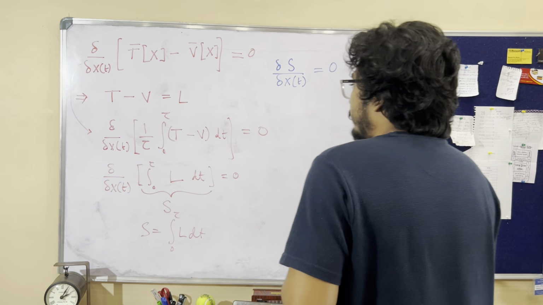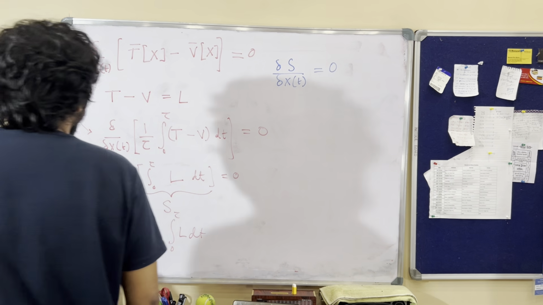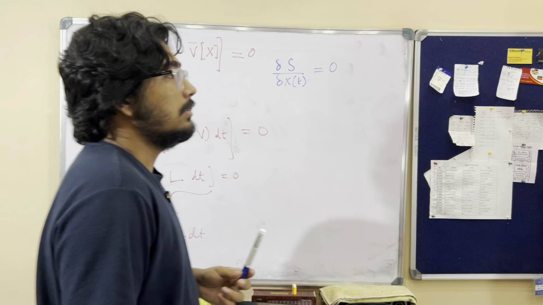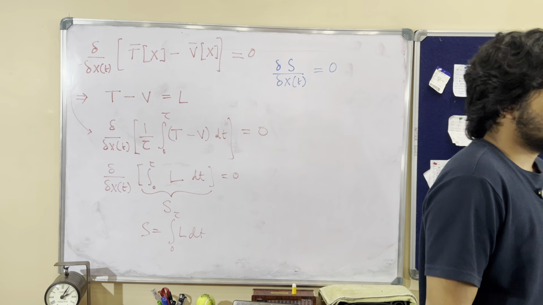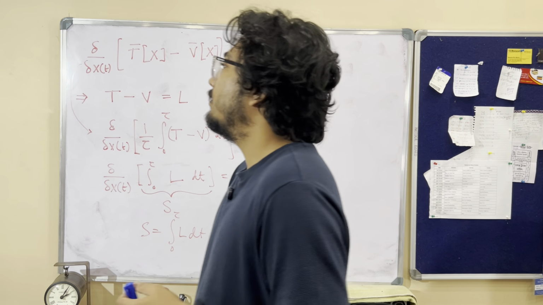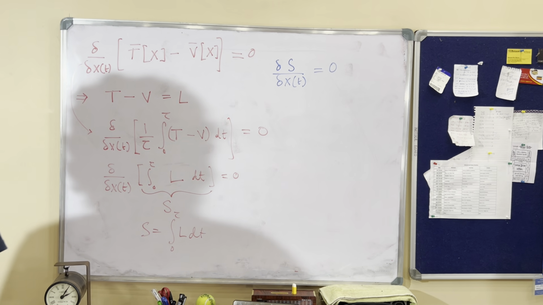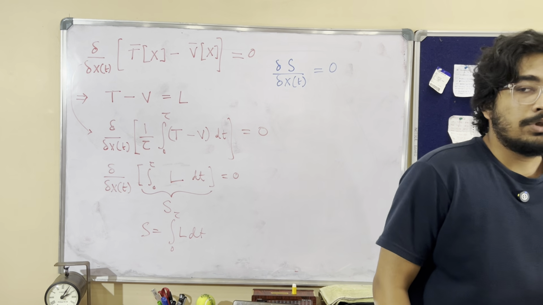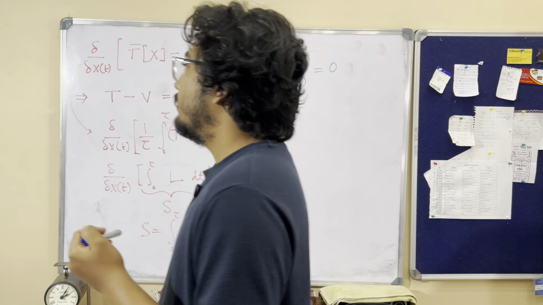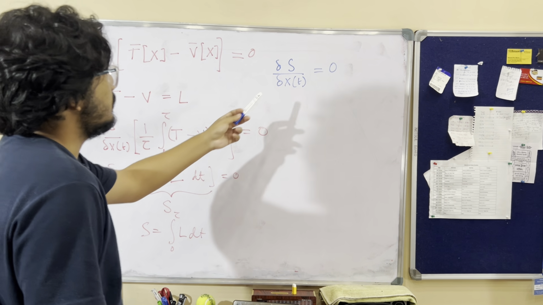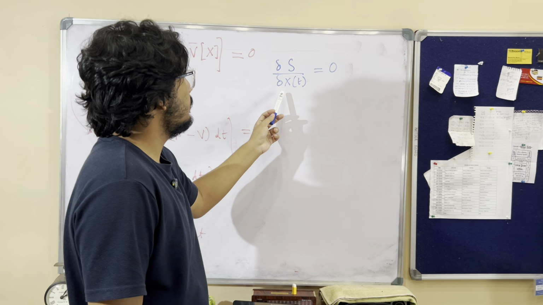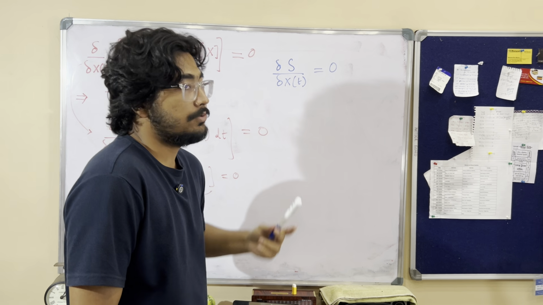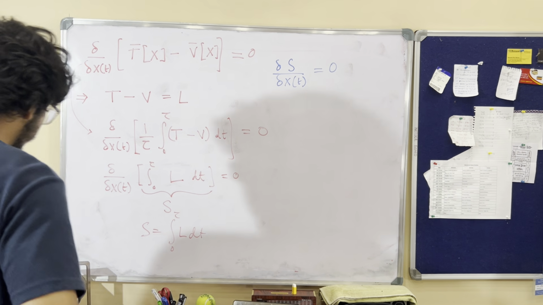So if we know the action of a particle or any object or any quantity, then we can find out its equation of motion if we set the stationary action principle here, if we set the functional derivative equal to 0, and that gives us the equation of motion.